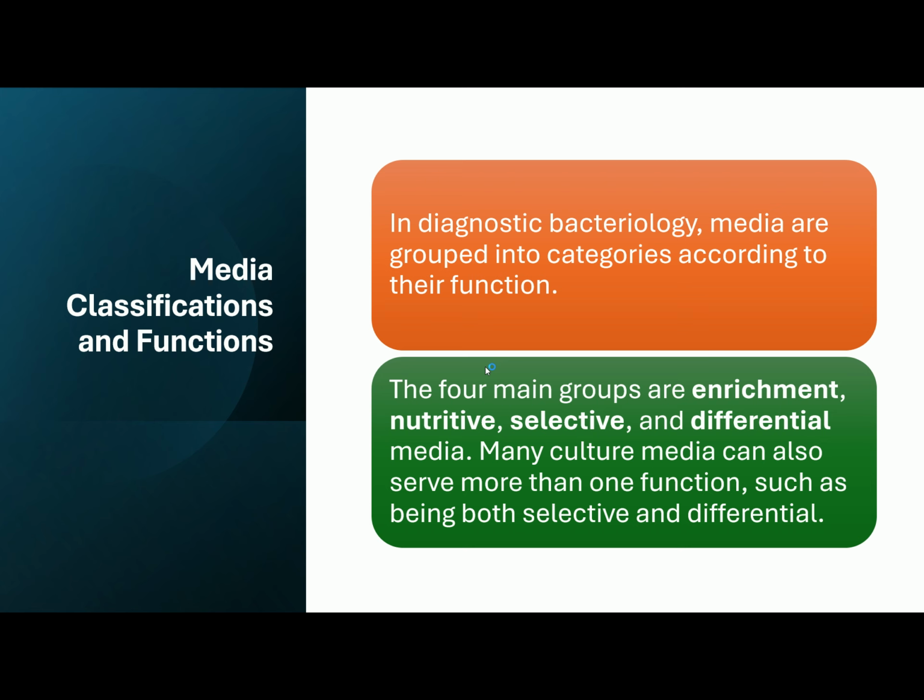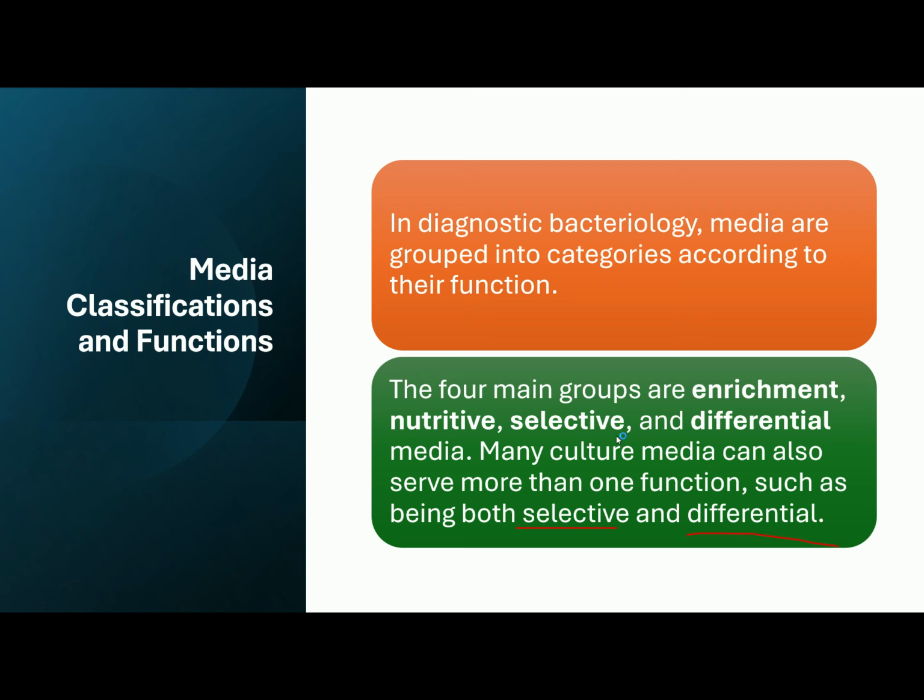Now, what are the classifications of culture media? There are 4 main groups of culture media: the enrichment, the nutritive, selective, and differential. Many culture media can also serve more than one function, such as being both selective and differential.